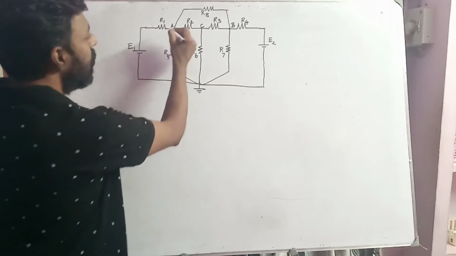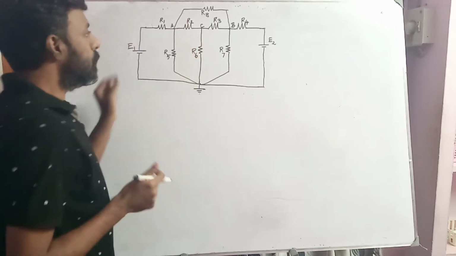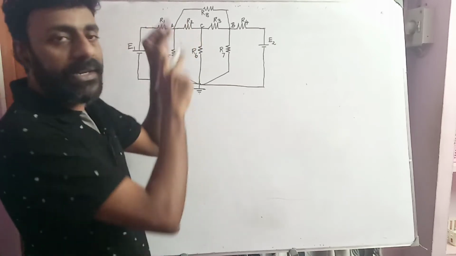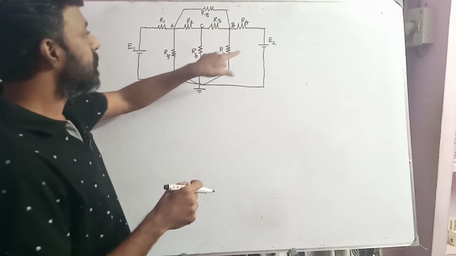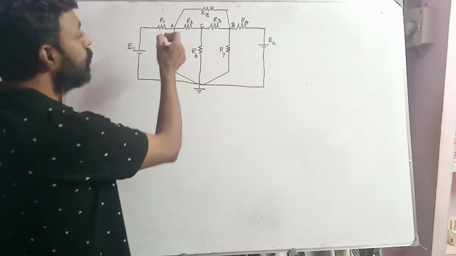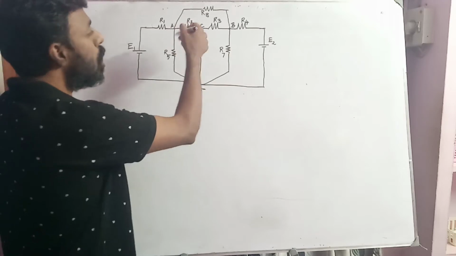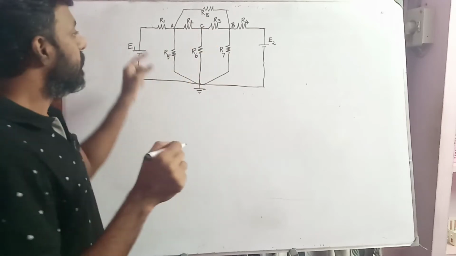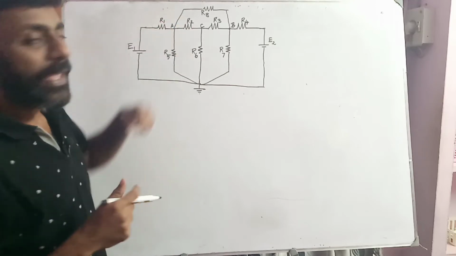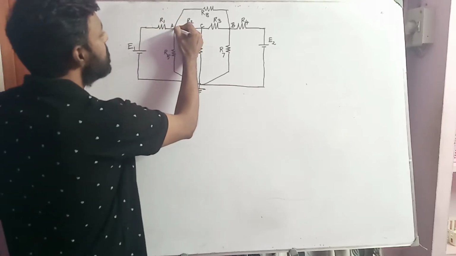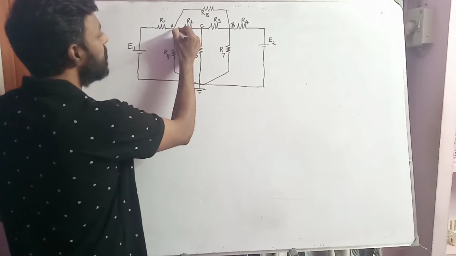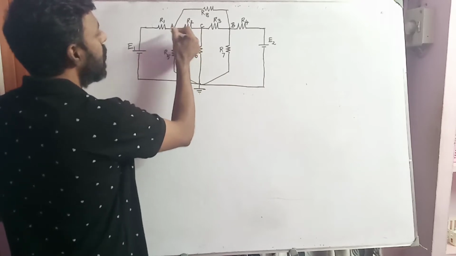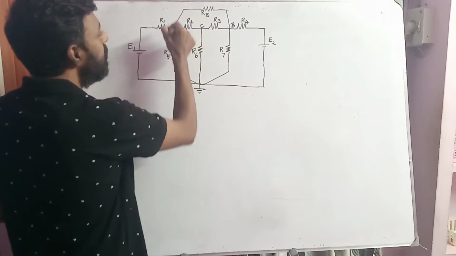Right. So I'm calling these nodes because a node is a point in a circuit. It is a junction point in a circuit which consists of two or more elements. So this point should be connected to a branch where there are two or more elements. In this, I'm considering A as a node because A is connected to branches 1, 2 and 3, so totally 3 elements are there.